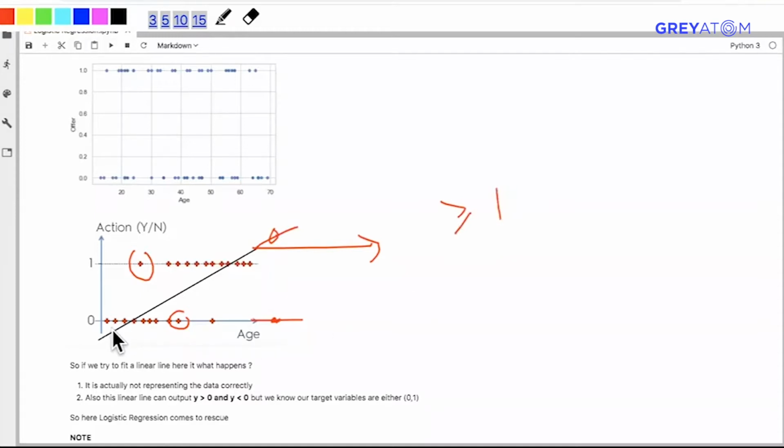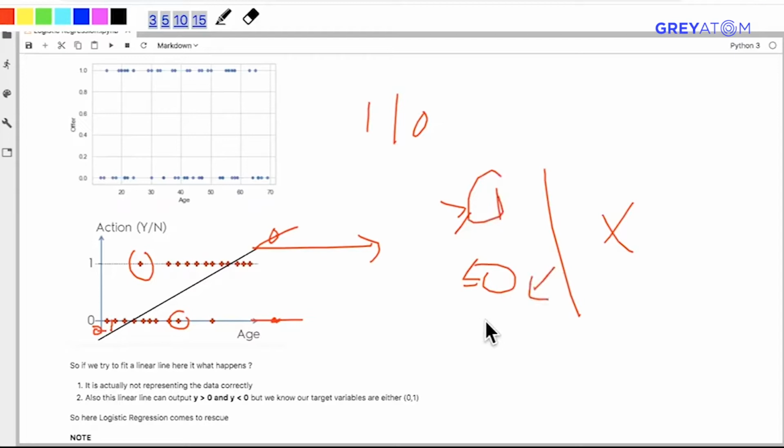And if my age is somewhere here, it's going to give me a y value of less than or equal to 0. This is totally undesirable, right? In a classification problem, our target variable is either 1 or 0. We don't want values greater than 1 or less than 0. So this is not a perfect fit for this kind of problem, and we can't fit a linear line to a logistic problem.